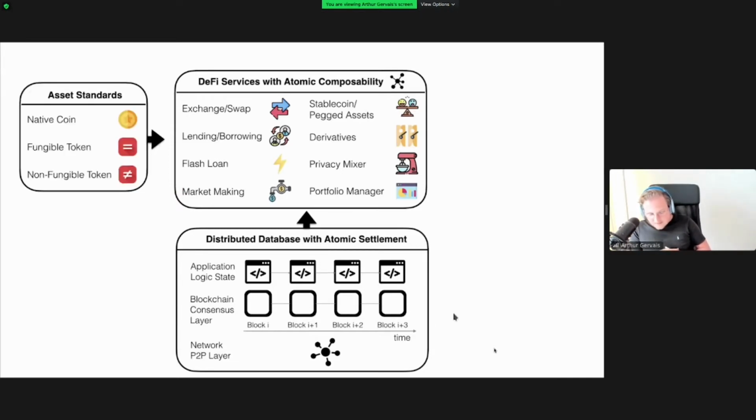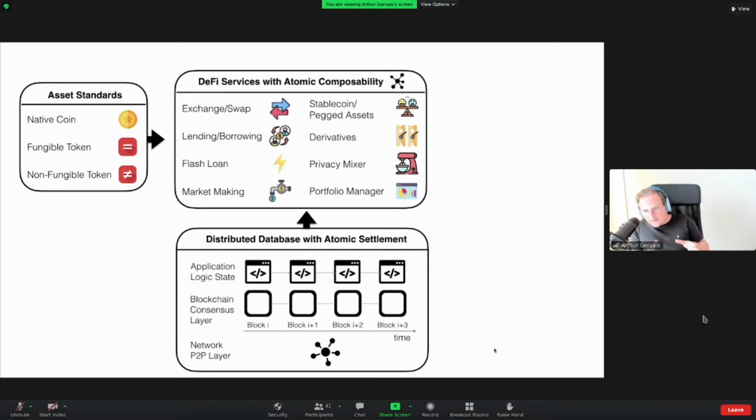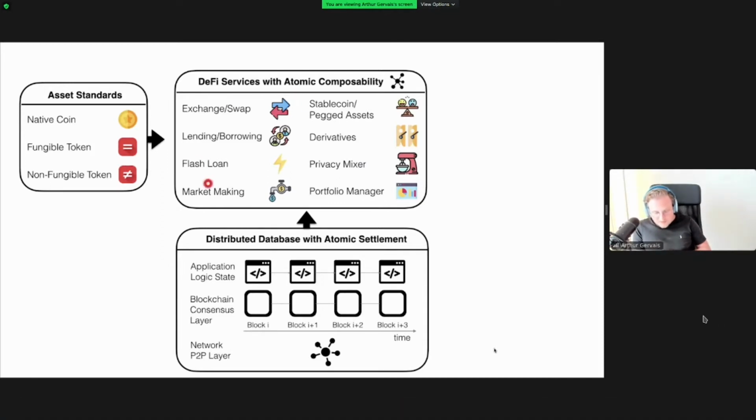What's interesting is that all these services rely on rather common and community-wide adopted asset standards. So every blockchain typically has a native coin. There are fungible tokens and non-fungible tokens. And because of these standards, all these protocols are intertwined, which is quite an interesting property.